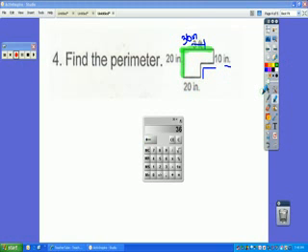This side here, if you're confused, will be 16, because if this is 20, then this must be 16, plus 20, plus 20, because if this is 10, then this piece is 10. Will give me 102 as my perimeter.